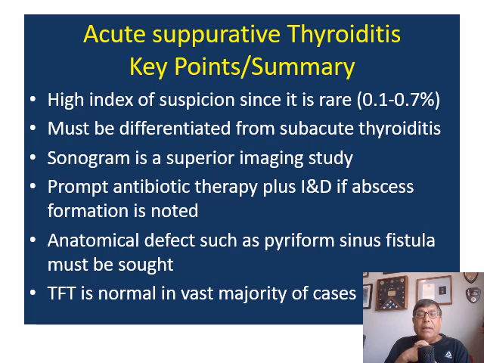Prompt antibiotic therapy and incision and drainage of the abscess are very important to cure this condition quickly. Anatomical defects such as piriform sinus fistula must be sought and taken care of. And thyroid function tests, as I said, will remain normal in the vast majority of cases, except the few that we have discussed.